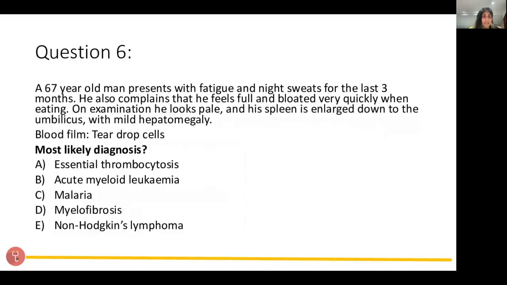The reason is that when you've got a lot of fibrosis, your marrow is not working very well; it's just full of rubbish and fibrous tissue. The cells leaving the marrow have to be squeezed out of this very small space, so they become squished and squashed on one end, looking like teardrop cells. So, main takeaway point: if you see teardrop cells mentioned anywhere, think myelofibrosis and pick that as your answer.